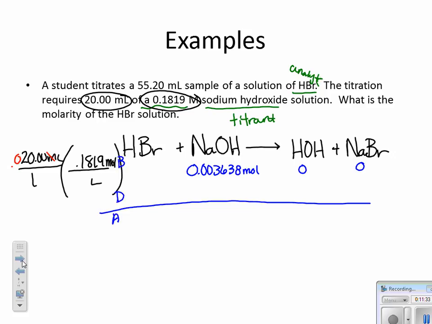We know that during reaction, the reactants and products will change the amount based on the mole ratios. If sodium hydroxide is used up, that's going to be 0.003638 moles of sodium hydroxide used, which means the hydrobromic acid also goes down by 0.003638 times the mole fraction, 1/1.